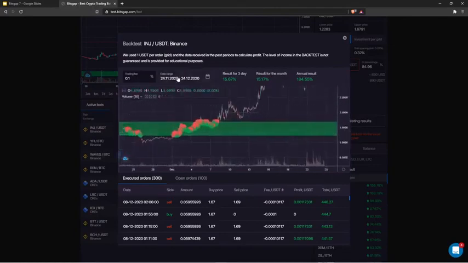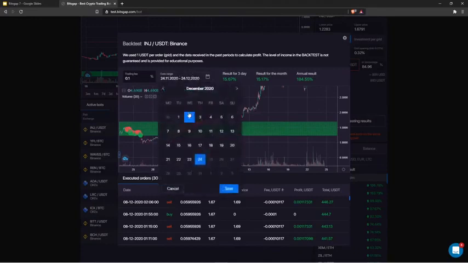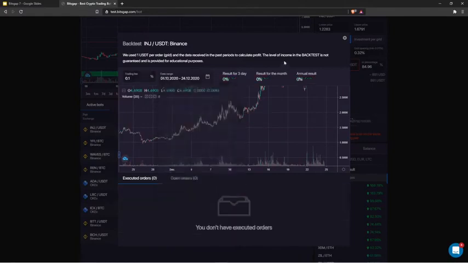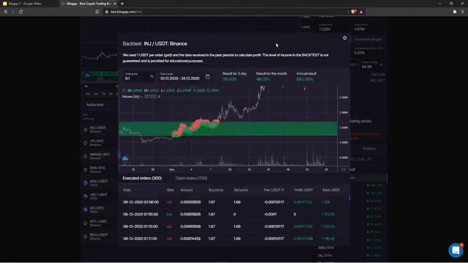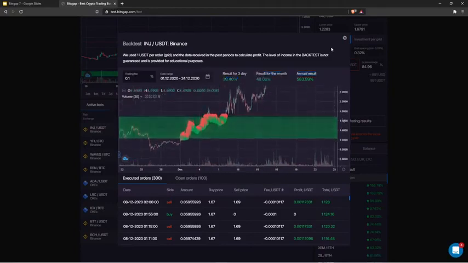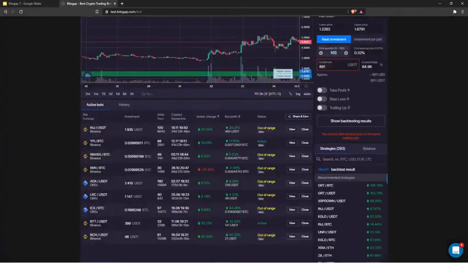All right. So you can play with the date range. Let's say you want to see what was the performance from the 1st of December until today. That's a 24 days period. And for this period, it would have managed to make 38%, if you would have launched it with specific conditions, in this case, 100 grid levels.